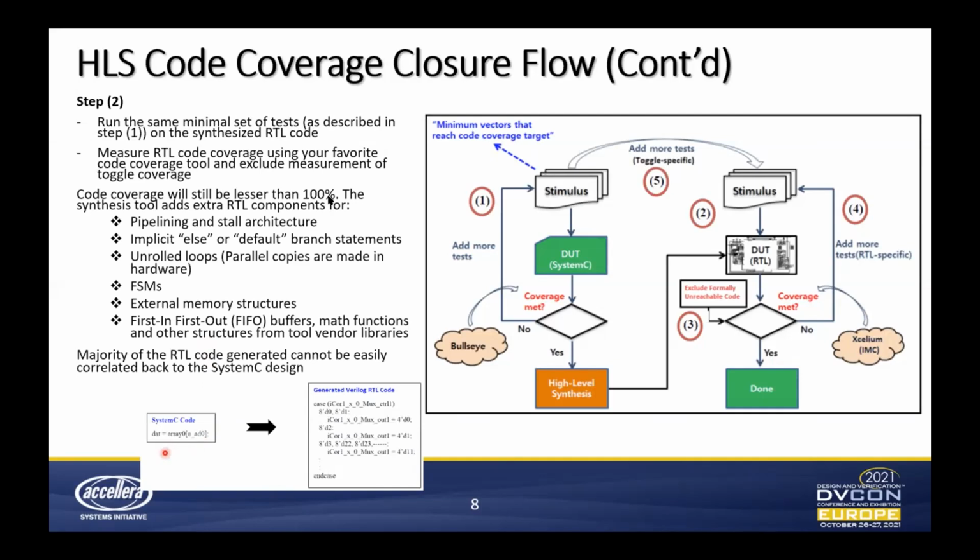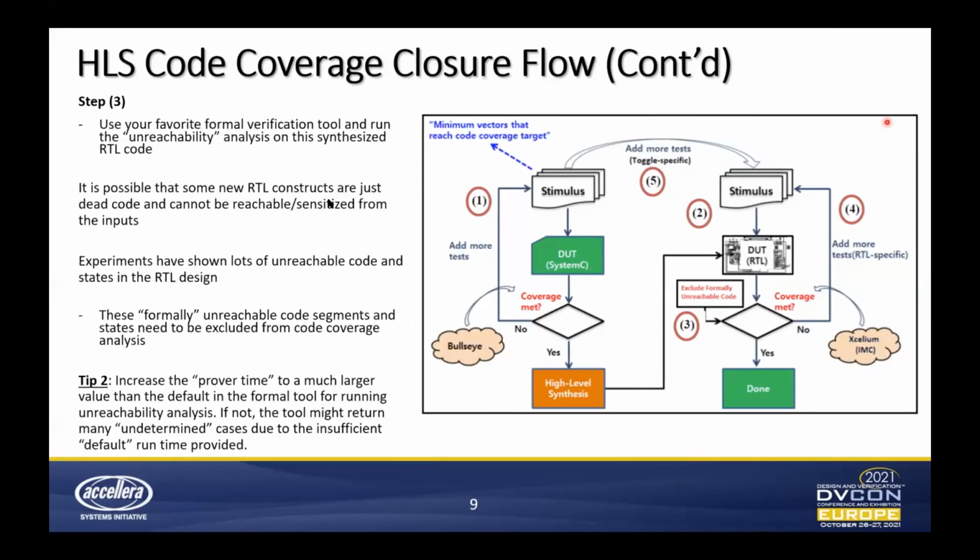If you look, this is an array access, and the equivalent RTL code for that is some sort of a case based structure. So it's not very easy to comprehend how one gets converted to the other. That's what we are trying to explain here.